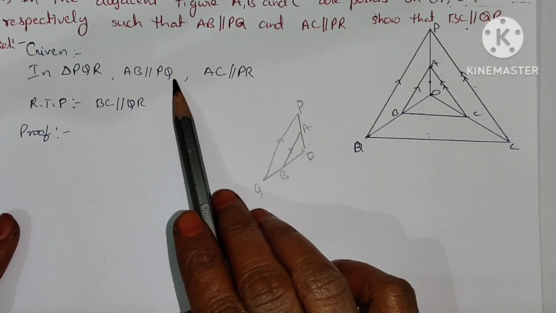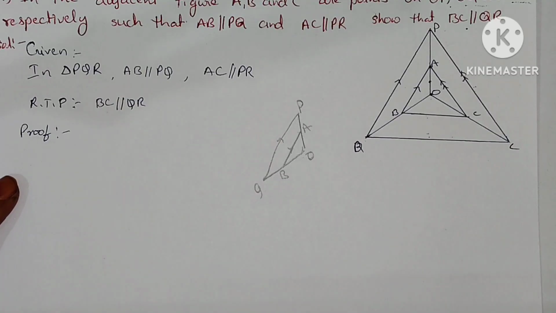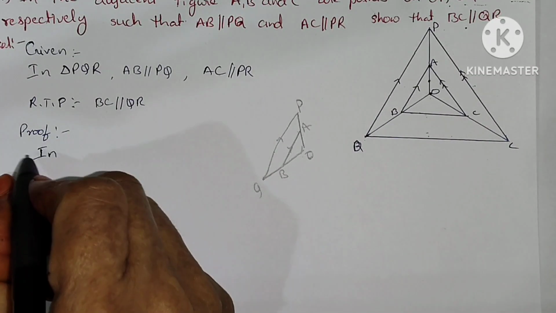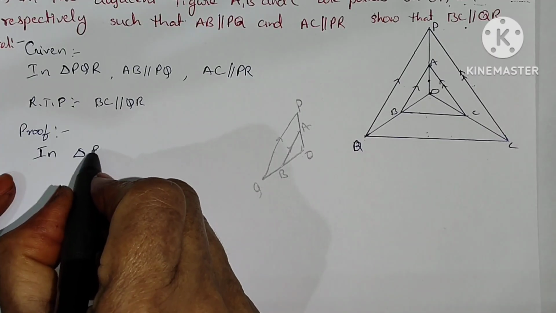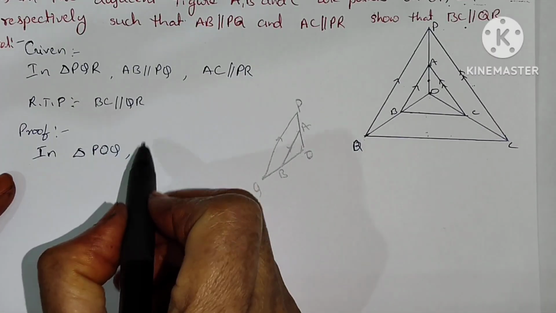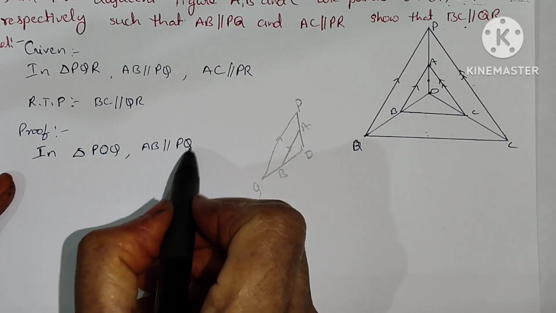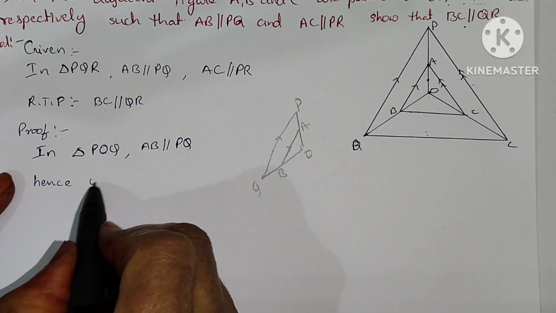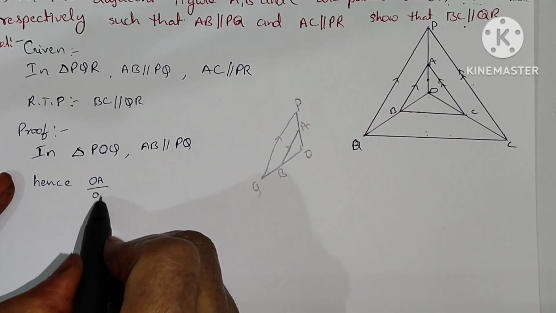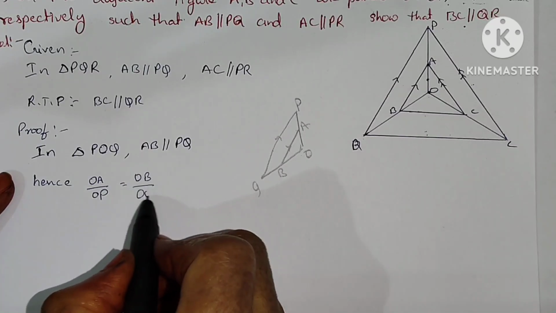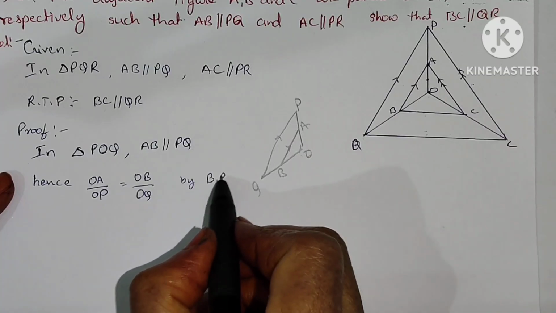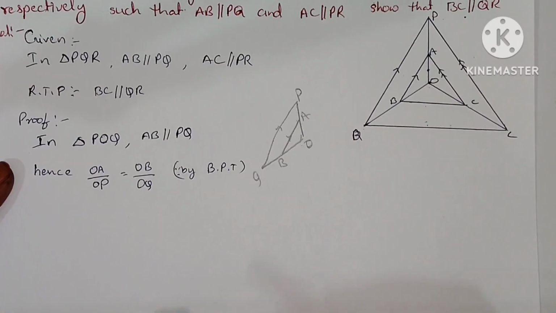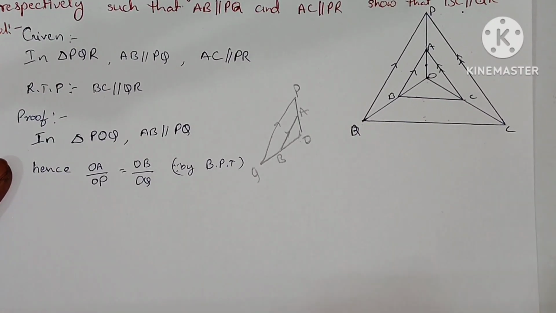So in triangle POQ, AB parallel to PQ means we use the basic proportionality theorem, OA by OP equal to OB by OQ. Next we take the other diagram. This is equation 1.